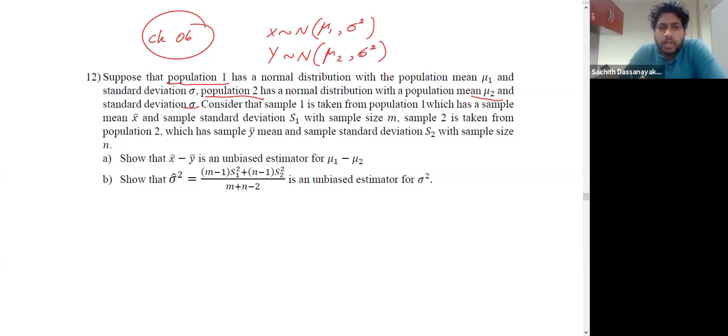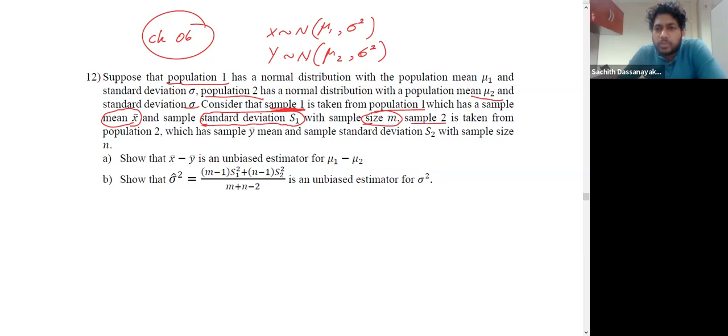Consider that sample 1 is taken from population 1, which has sample mean x bar, sample standard deviation S1, and sample size m.